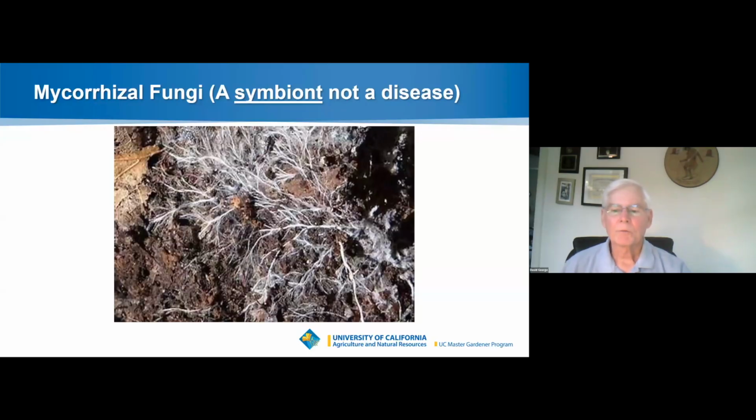In return, the tree provides the fungi with sugars to enhance its growth. So it actually feeds this fungi. If you see white fungi while digging around under an oak tree around its root system, don't assume that the white filaments are harmful to the tree. They're probably mycorrhizal, and they're beneficial to your tree.